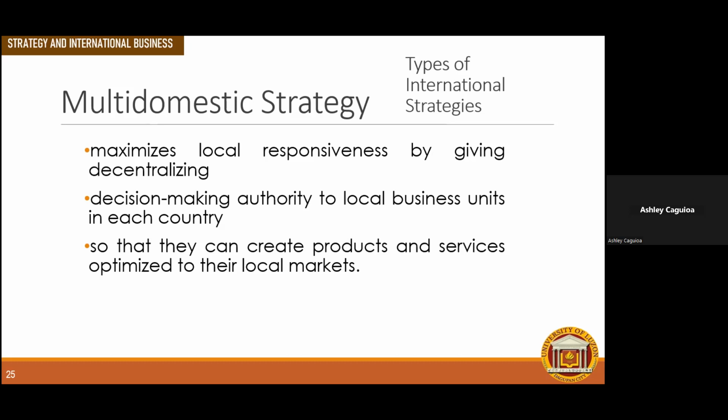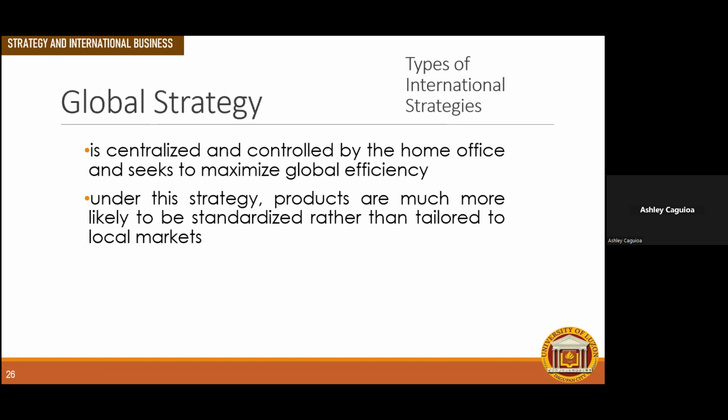For example, large fast food chains such as McDonald's and KFC rely on the same brand names and the same core menu items around the world. These firms make some concessions to local taste too. Like in France, for example, wine can be purchased at McDonald's. This approach makes sense for McDonald's because wine is a central element of French diets. So that is the multi-domestic strategy.